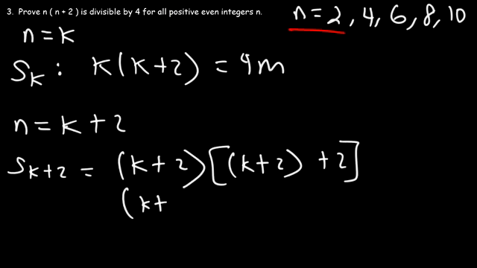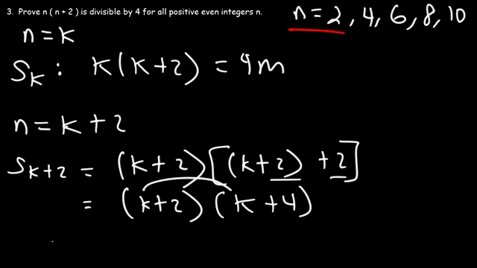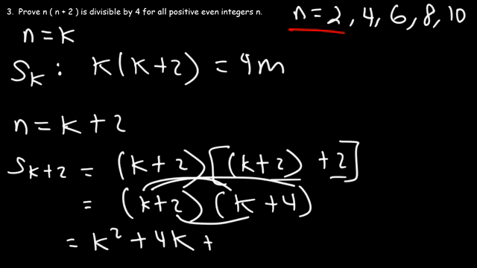So this is k plus 2, and then we can add 2 plus 2, which is 4. So we get k plus 4. Next, let's FOIL. So k times k is k squared, and then k times 4, so that's 4k, and then we have plus 2k, and then 2 times 4 is 8.